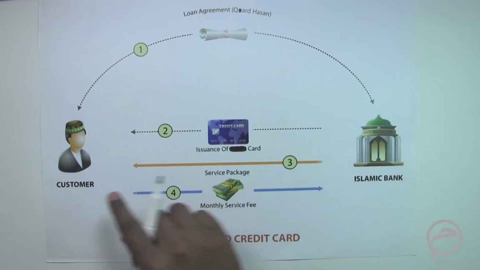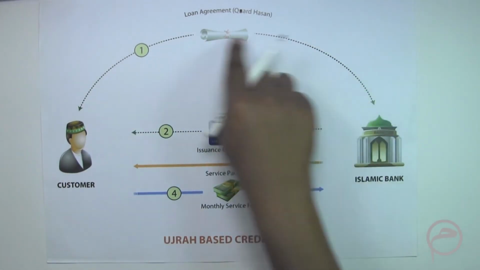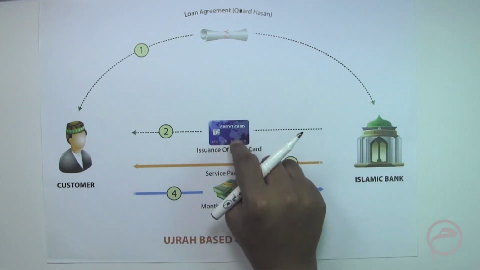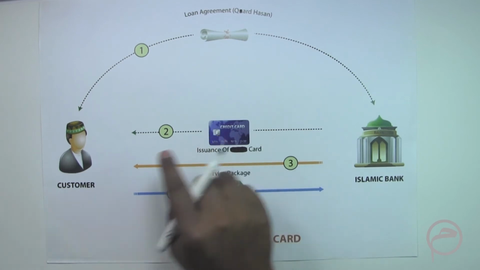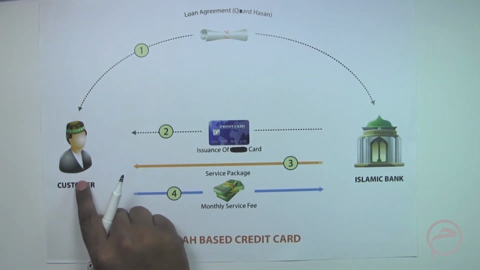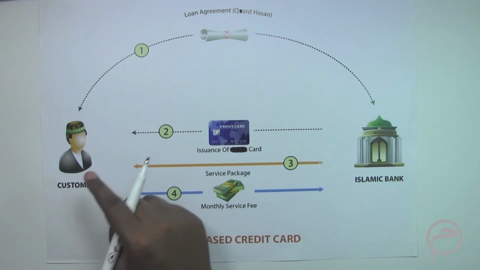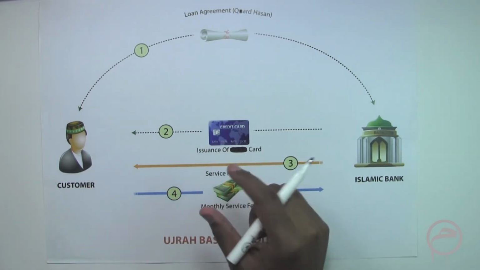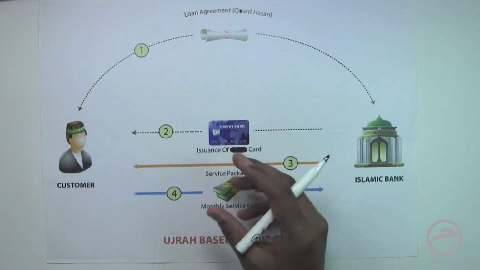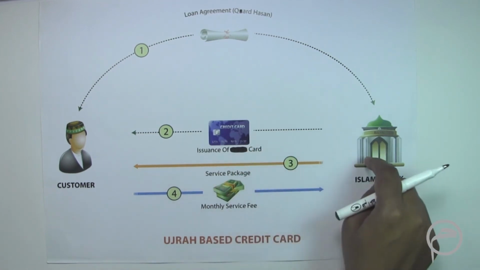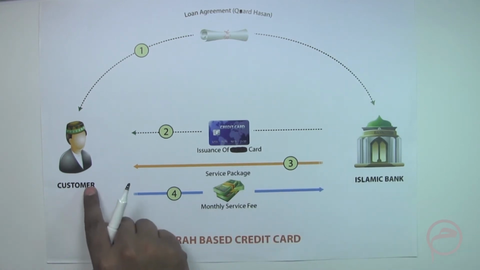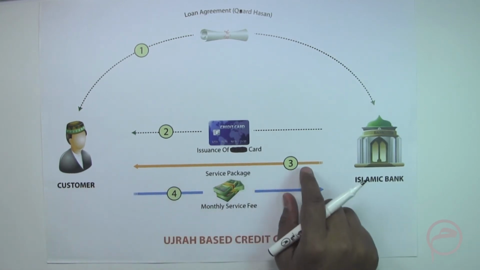So in the first step, there is a loan agreement entered into between the customer and the bank. Now the bank issues a credit card. This credit card can be used by the customer to make payments, and for providing this credit card and the other services, for that whole package of services, the Islamic bank charges a fixed fee from the customer, which the customer is supposed to pay every month.